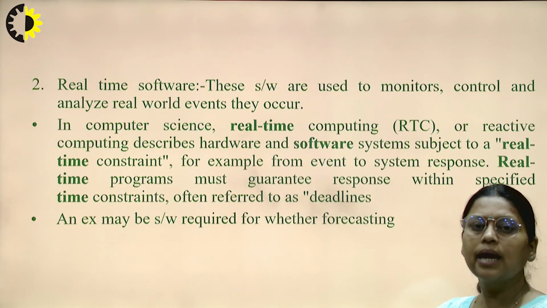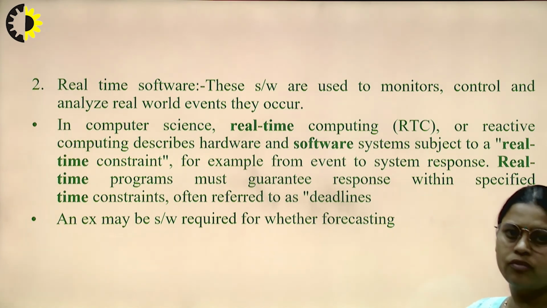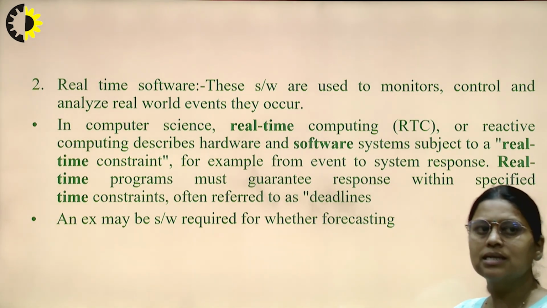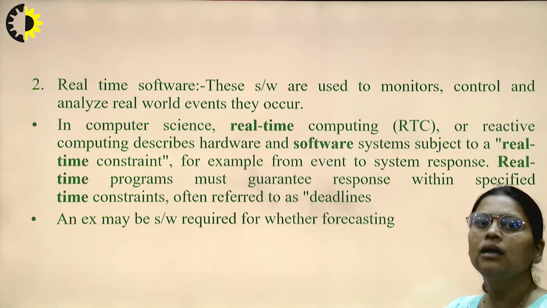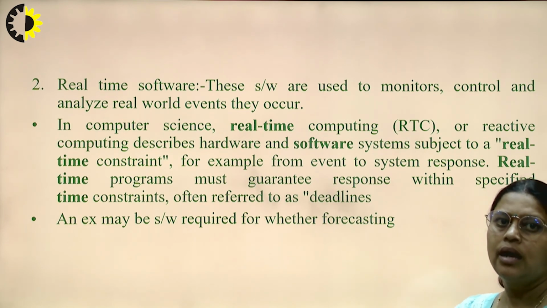Now, the second application of software is real-time software. As the name suggests, these are the software used to monitor real-time activities of the real world, and to control, monitor and analyze the real-world events that may occur.